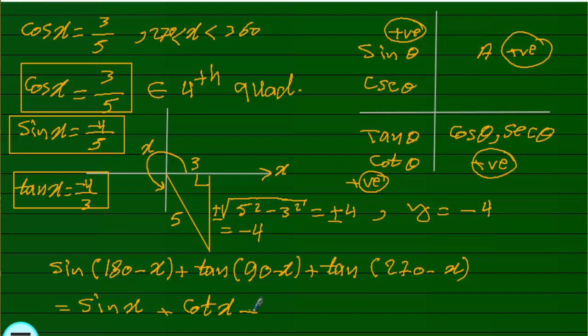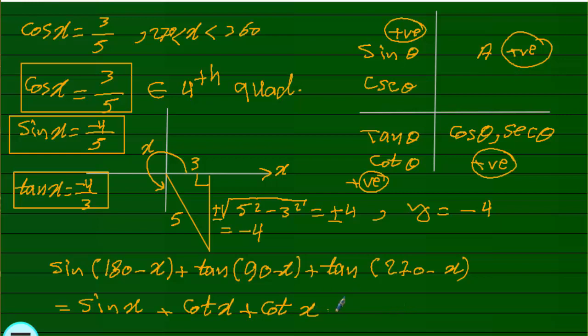It's positive tan, and it will become cotan because we convert tan to cotan with 270, so tan 270 minus x equals cotan x.